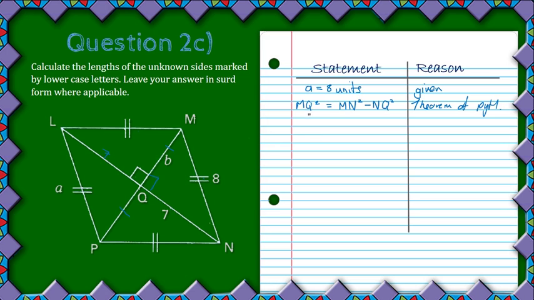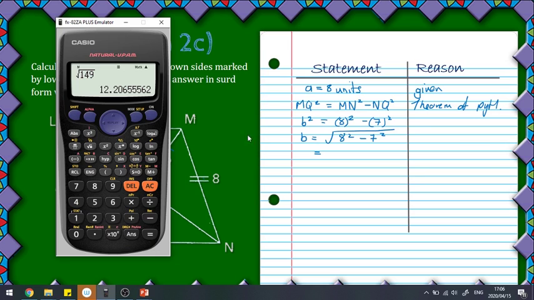Then substituting my known values, B squared is equal to long side 8 squared minus 7 squared. So B is equal to the square root of 8 squared minus 7 squared.